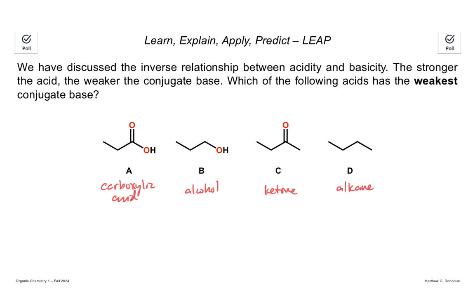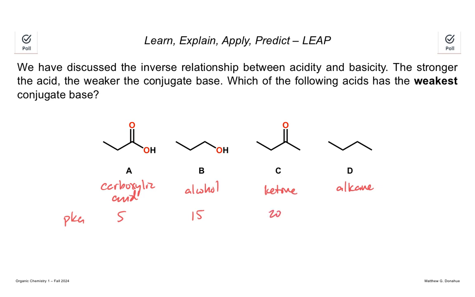So now that we've named them, we go back to the chart, we could just write the pK numbers below. Carboxylic acid was about 5. Alcohol is about 15.